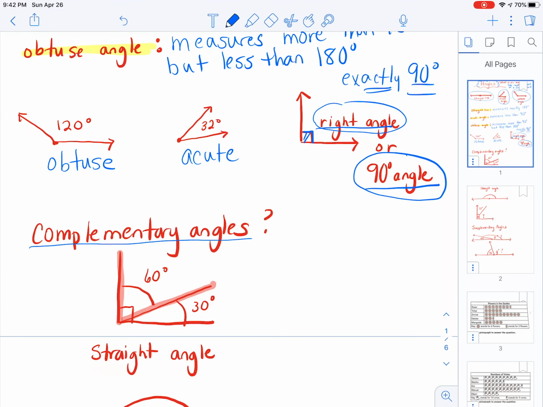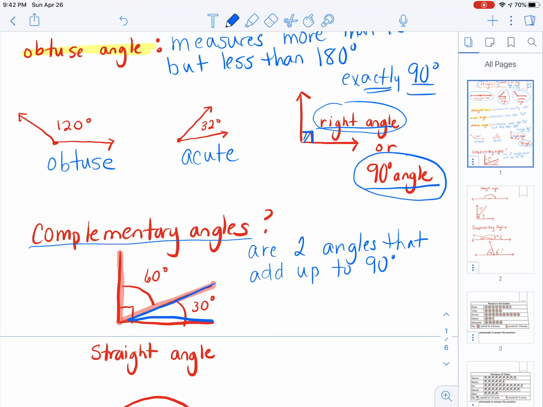Sometimes you will hear talk about complementary angles, and complementary angles are two angles that add up to 90 degrees.